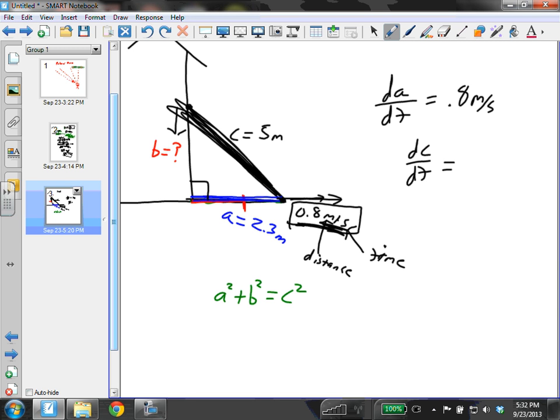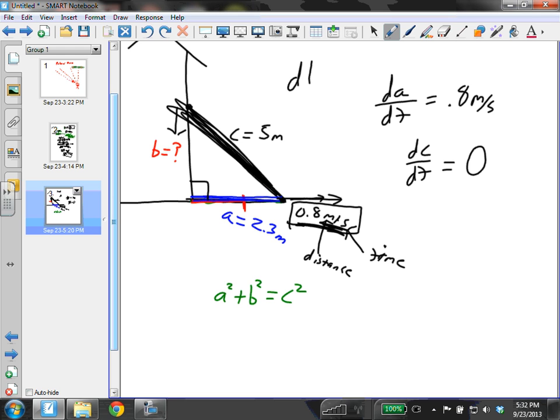If it's a 5-meter ladder and it's locked in place, when it begins to slide down the wall, it's not going to stretch or shrink at all. So as time elapses, it's going to have no effect on distance C whatsoever because it is the length of the ladder and the ladder is going to stay in place. So dC/dt is actually 0. There will be no change in the length of the ladder as time progresses.